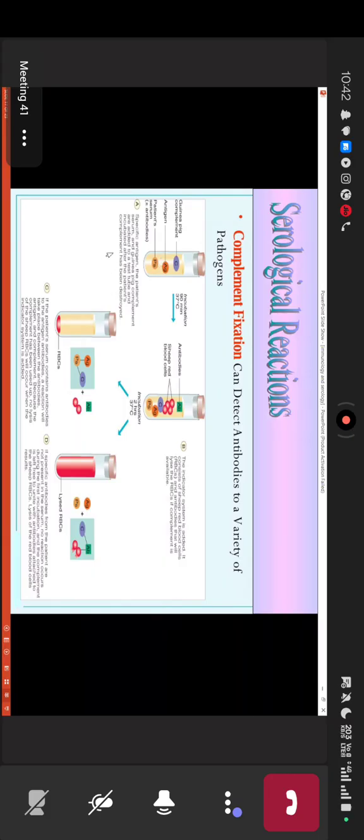We incubate it. After the incubation, the patient's complement has been destroyed. So first of all, the three things are added in test tube A, and then it is incubated at 37 degrees Celsius for 90 minutes. Now your complement, patient serum and antigens are combined with each other.